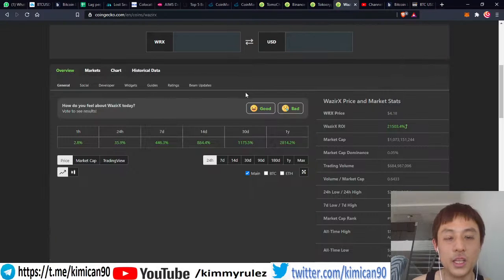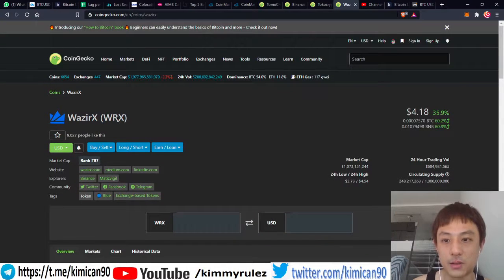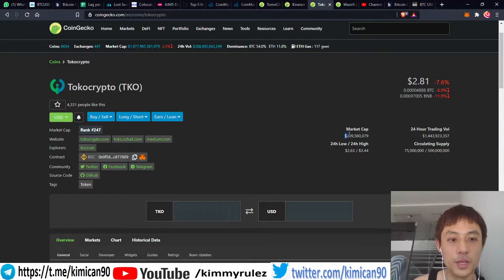Another one, in India, is WazirX, WRX. But for WRX, it might still be early. At $4.19, it just went up really crazily the other day, and the market cap is about 1 billion. If you were to ask me to compare Toko Crypto and WazirX, I would rather go for Toko Crypto because it has a smaller market cap and a bigger potential to grow.